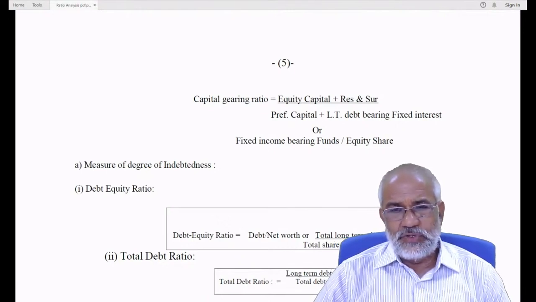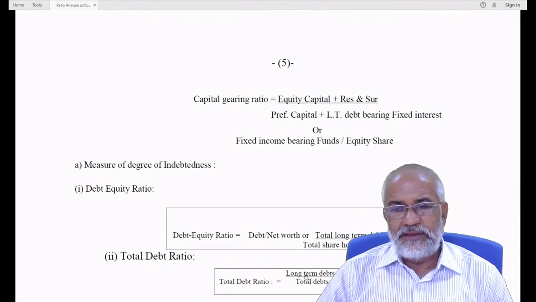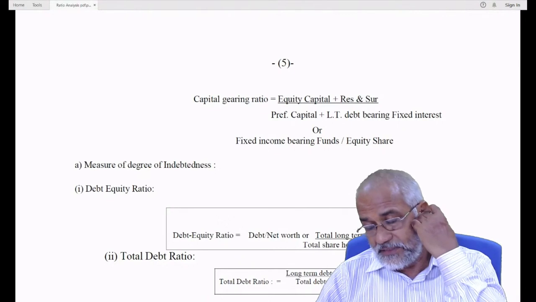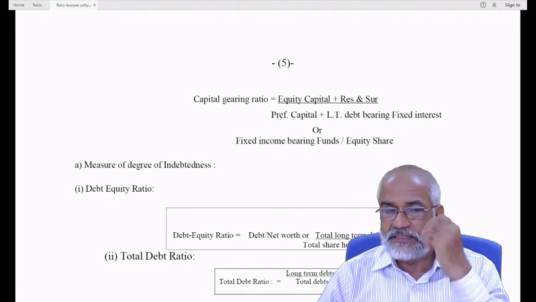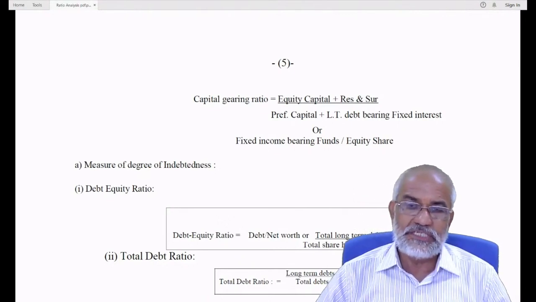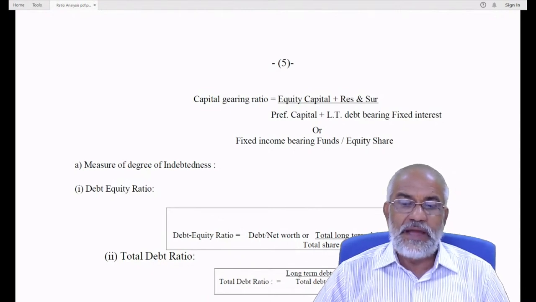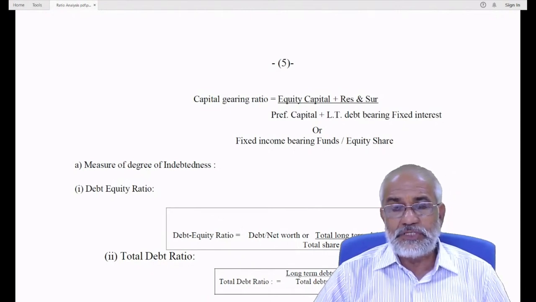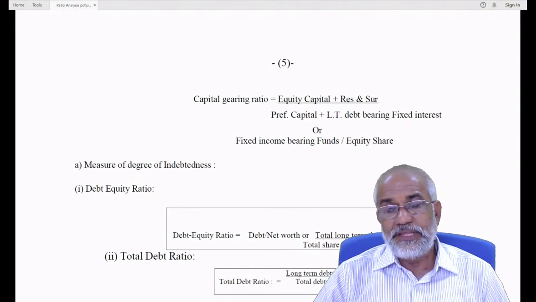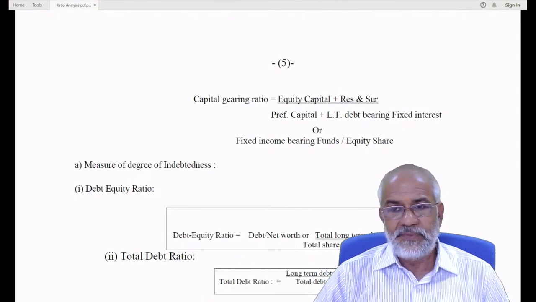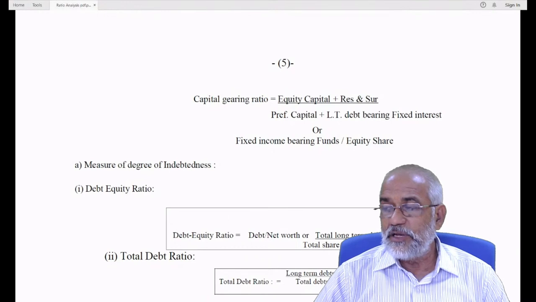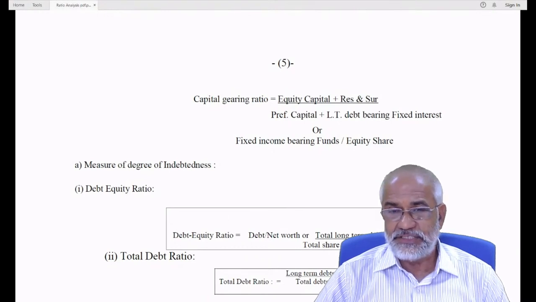Capital gearing ratio is computed by equity capital plus reserves and surplus, which is otherwise called the net worth of the organization, or the amount due to the equity holders, whole divided by the preference capital plus long-term debt bearing fixed interest. It may be debentures, or long-term loans from banks and financial institutions. That would be the capital gearing ratio.